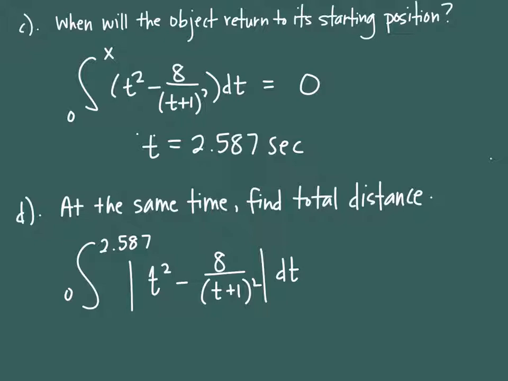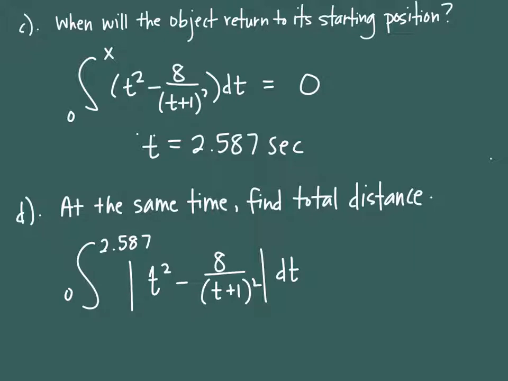Okay, so let's find that little spot right there. I'm going to do a second calculate. Oh, no. Okay, I don't want to wait for it to do it all over again. So we're going to go, math 9, from 0 to 2.587, and then throw the absolute values in there.